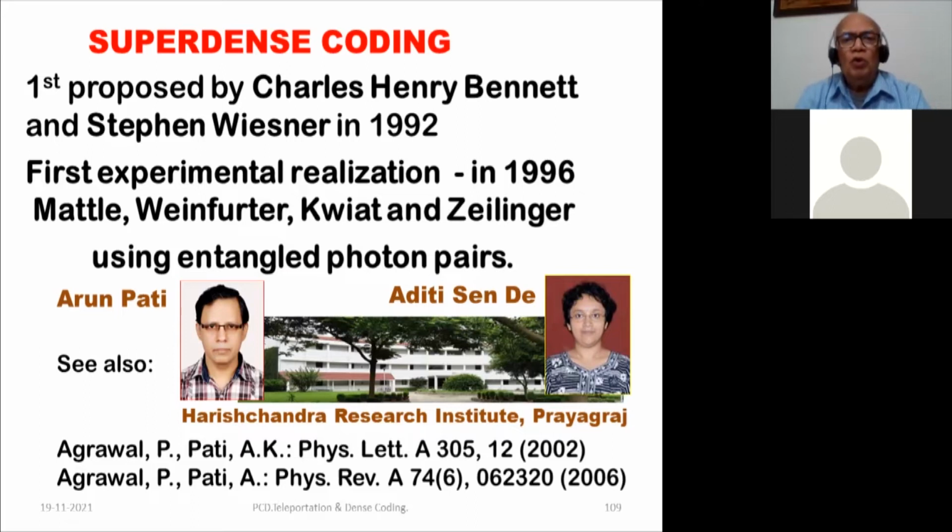And they have used photons as qubits. In India, we have excellent contributions from 2 distinguished quantum information scientists, Arun Pati and Aditi Sen De at the Harish-Chandra Research Institute. And I would recommend that you go through their work in these papers. They have also worked with W states.